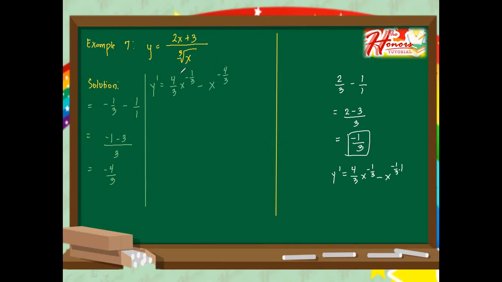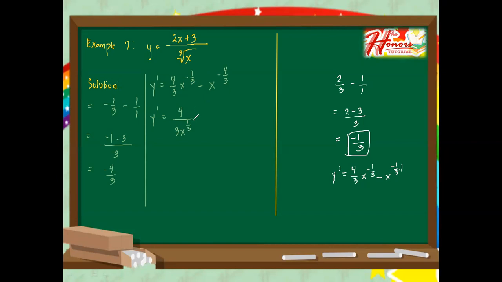Now, we don't want any negative exponent, so we need to change that into a positive one. So it will become y prime is equal to 4 over 3 x raised to 1/3, positive now because we have transferred x raised to negative 1/3 to our denominator. So that's why the negative sign will be gone.